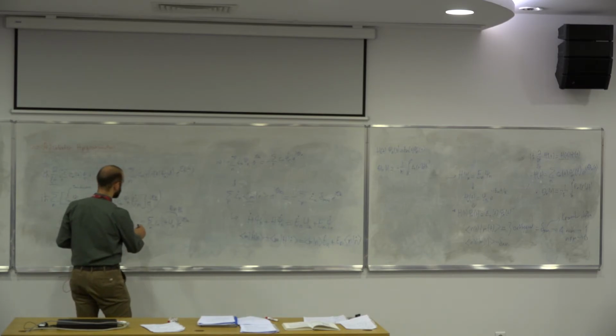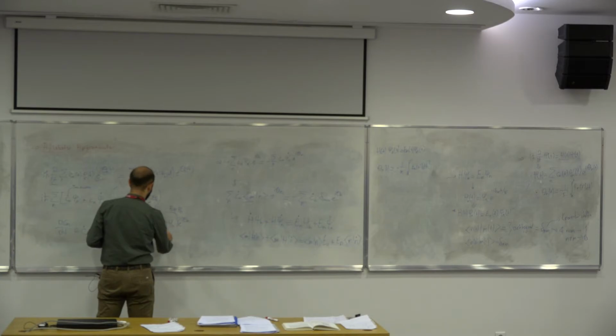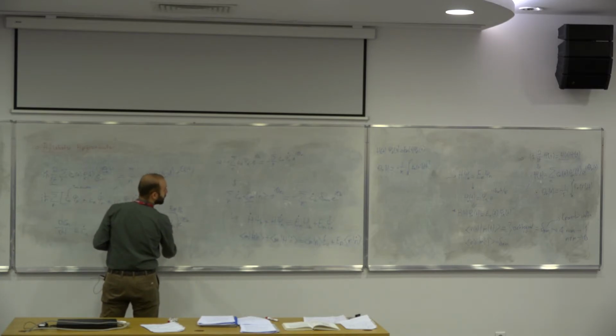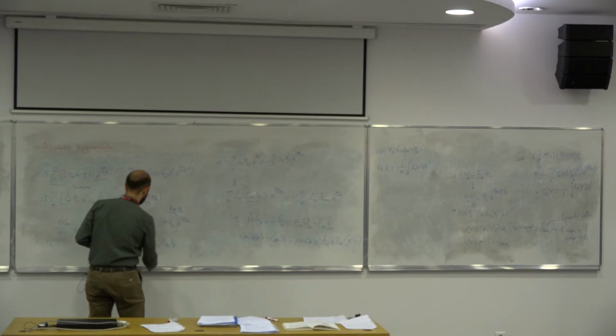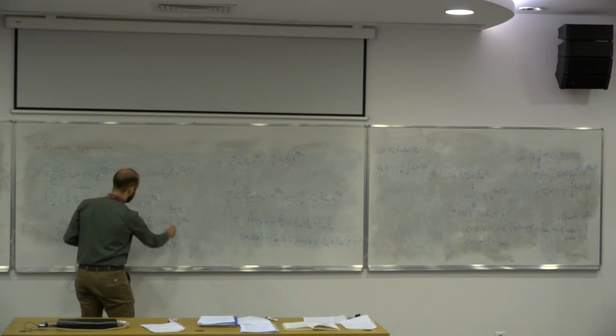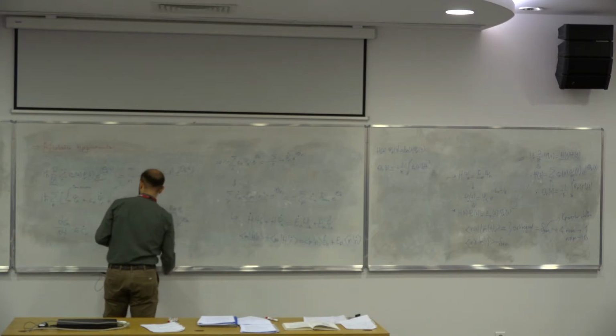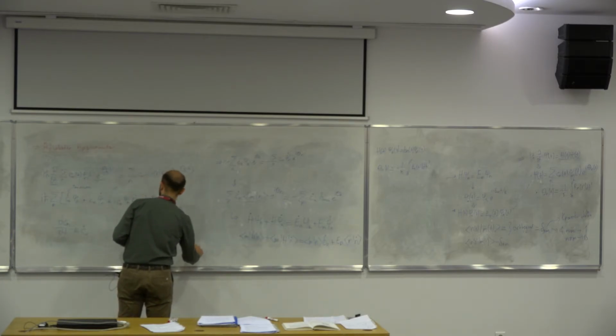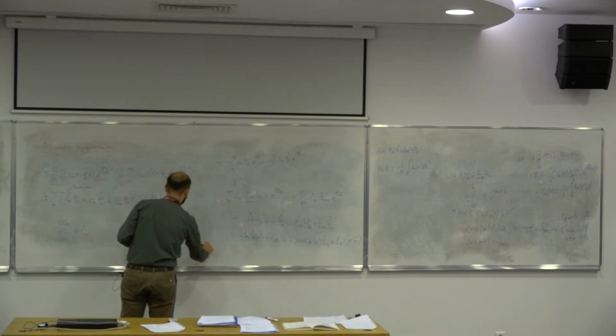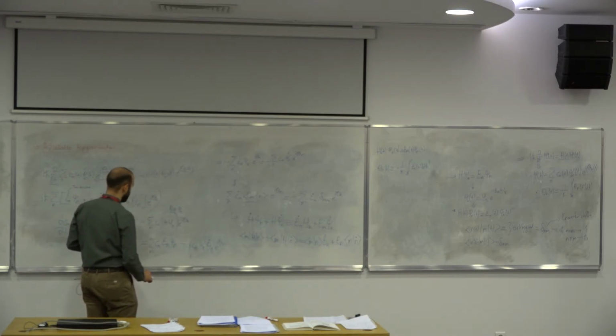Let me write it this way. I have the sum over n of Cn. Then I take it over here, minus i Cn phi n theta dot n e to the i theta n.